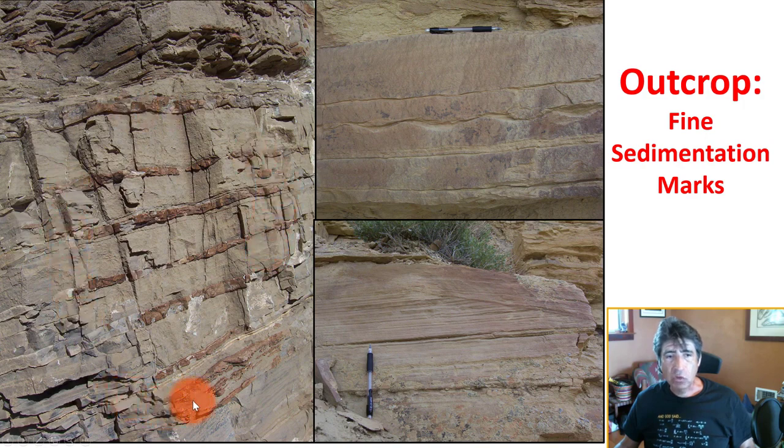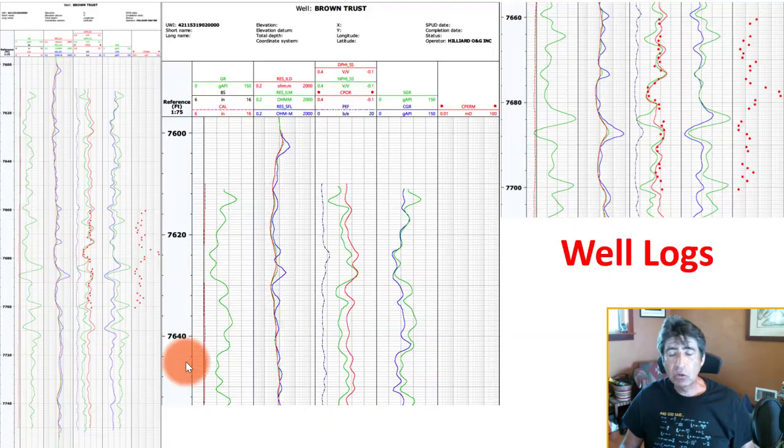And on the left here, we also have a very important sequence of shale and sandstones in close succession, which is already telling us that this portion of the rock is in the distal part of the turbidite sedimentary system. So the well logs that we're going to look at in this video lecture come from a well that is called Brown Trust.